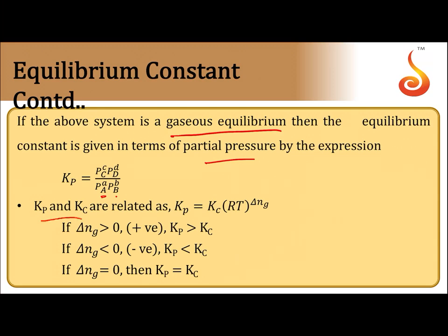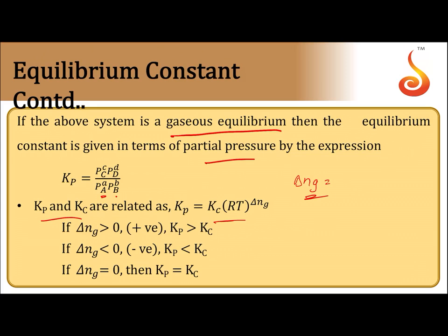And Kp and Kc are related as Kp is equal to Kc into RT to the power of delta n. This delta n is the number of moles of gaseous products minus the number of moles of gaseous reactants, the difference between the two.